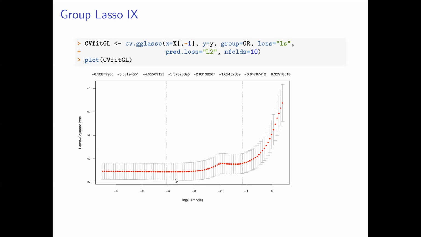And in between those 2 are the most reasonable options for lambdas. Now you see we do not have a reasonable absolute number of components which are kept in the model because they are now grouped together, and therefore there are no absolute values up here anymore.